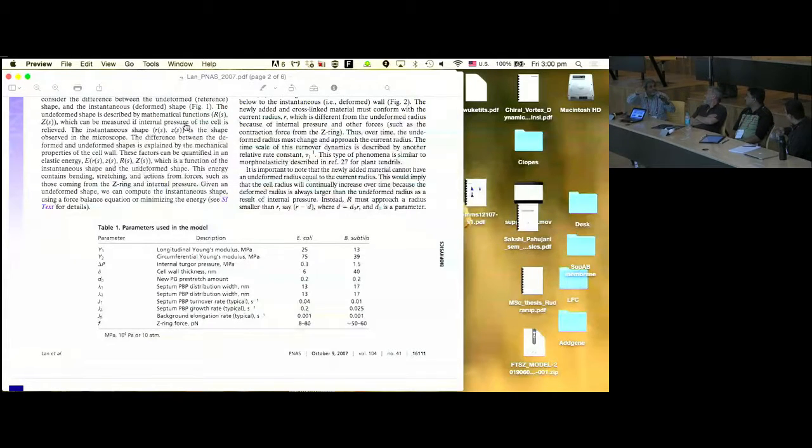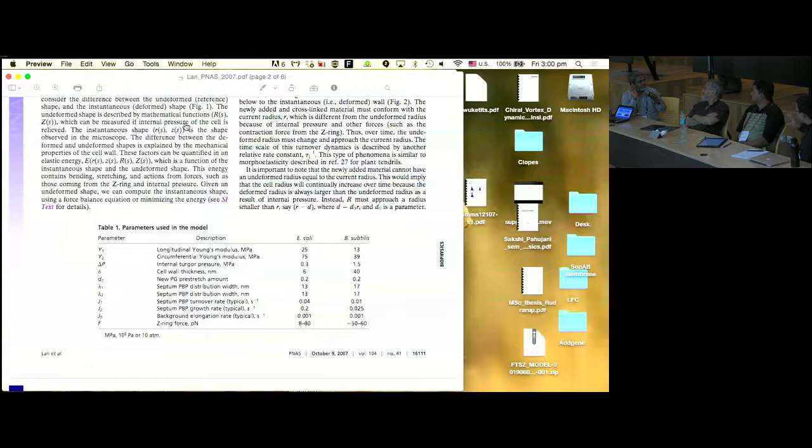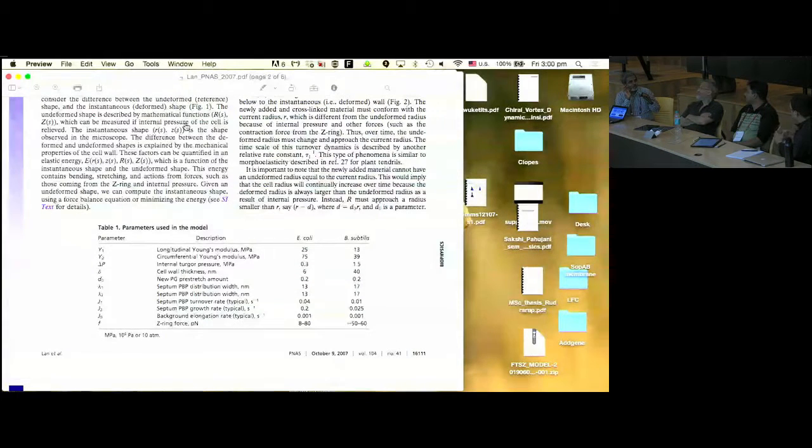Is it conserving volume? Yeah, still the volume of the bacteria.